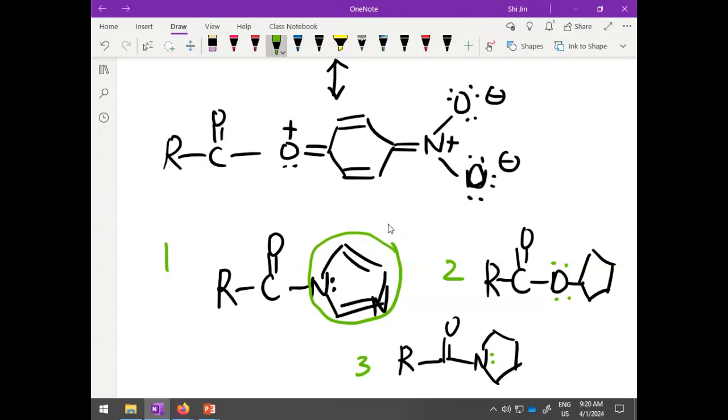The key part is whether the nitrogen lone pair is available. There's a lone pair on the nitrogen in 1. Is it available to stabilize the carbonyl? No, because it's needed for the ring to be aromatic. So actually, this compound is highly reactive.